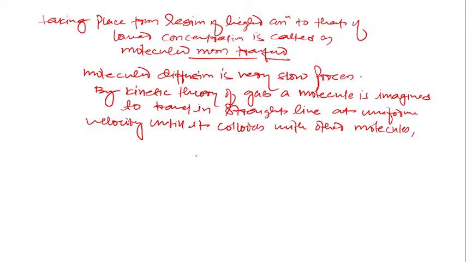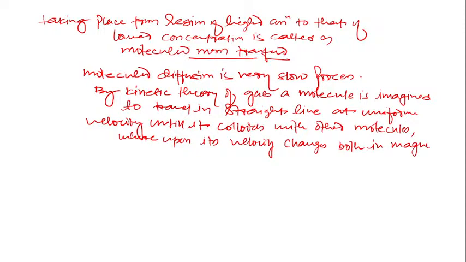Whereupon, as it collides, its velocity changes, both in magnitude and direction, because velocity is a vector quantity. Clear?